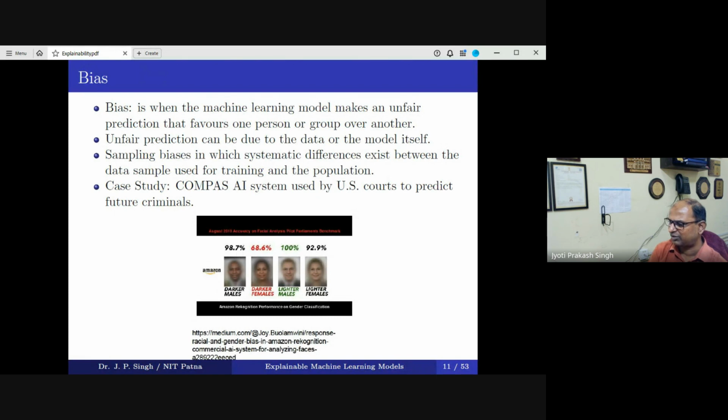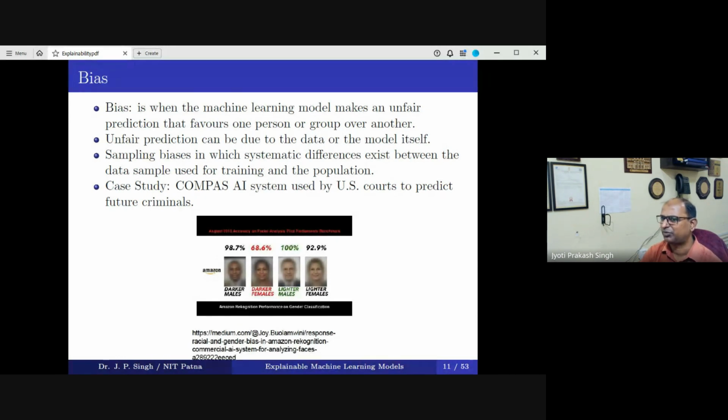Say you have developed a healthcare application and you found that it is taking gender into account and is biased. That means it is giving a higher or lower probability of having a certain disease based on gender or ethnicity. In that case, we say that the model is biased.